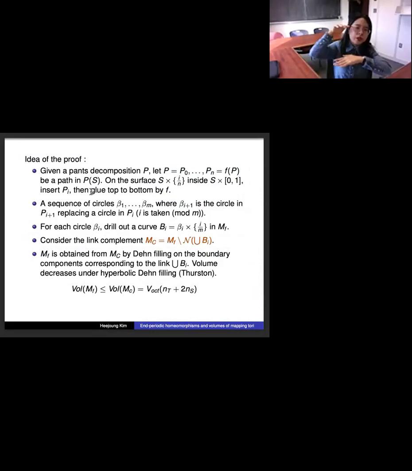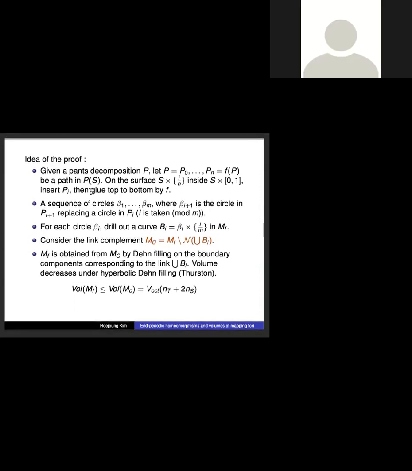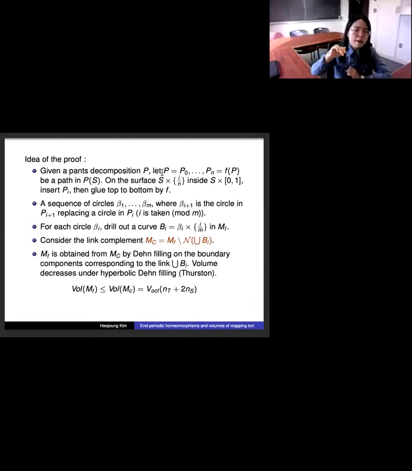We insert the pants decomposition and then we re-glue. We think about the surface times interval, and because we are thinking of the mapping torus, we glue the top and the bottom using the homeomorphism. Okay, but before that, you look at the pants decomposition in it. Yeah. Okay, all right, thank you.